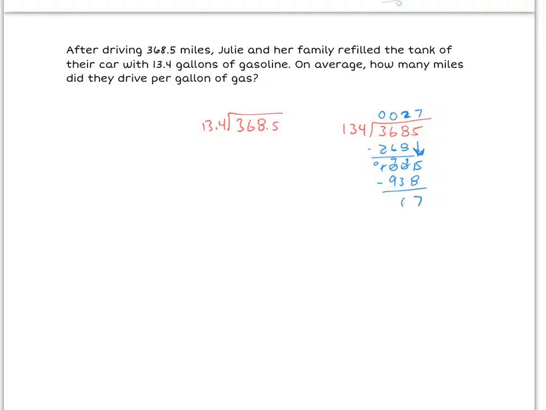So 67. And if you have a remainder, you've got to put a decimal here. Put a 0. That's 5 times, says Mason. Exactly. So you have 27.5.